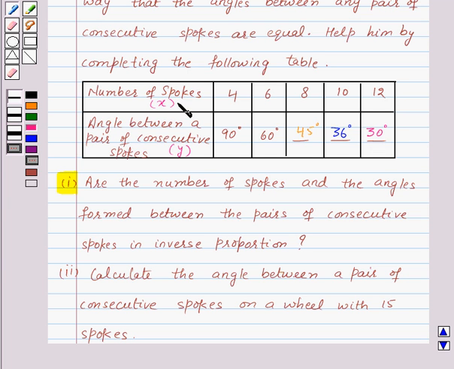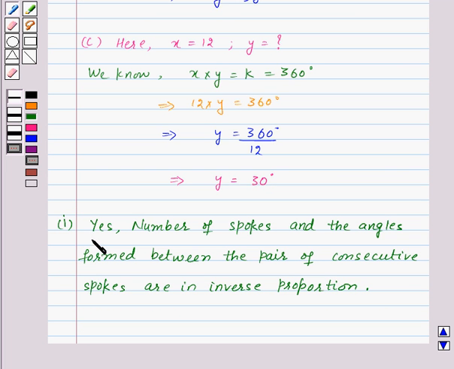That means x is increasing and y is decreasing. Also, we have already seen that the product of x and y is equal to 360 degrees in each case. That means the product of the two quantities x and y remains constant. So our answer to this part is, yes, number of spokes and the angles formed between the pair of consecutive spokes are in inverse proportion.